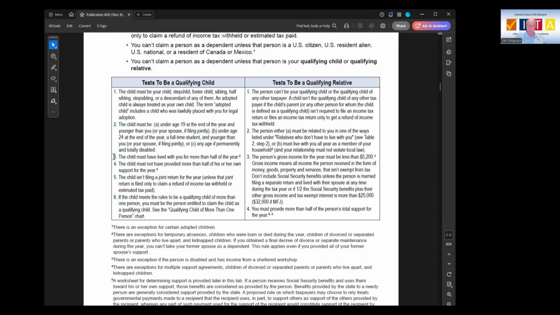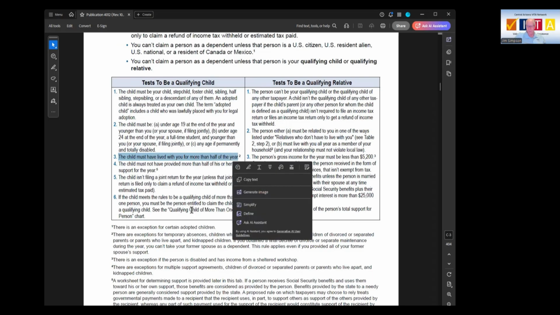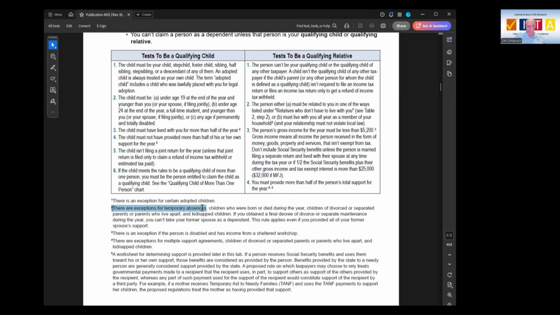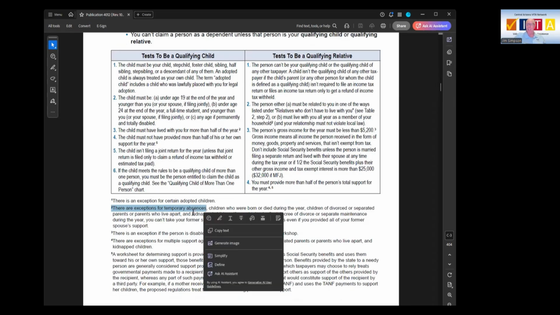Okay. Here, number 3, child must have lived with you for more than half of the year. And notice footnote 2. Okay. There are exceptions for temporary absences. Now, it doesn't define here what a temporary absence is, but in another section I'll point out when we come to it, we're going to find that a temporary absence is like if they're away at school.